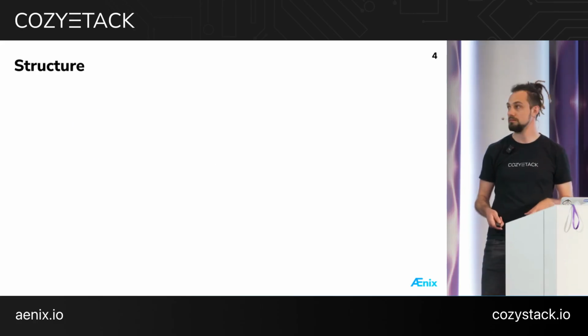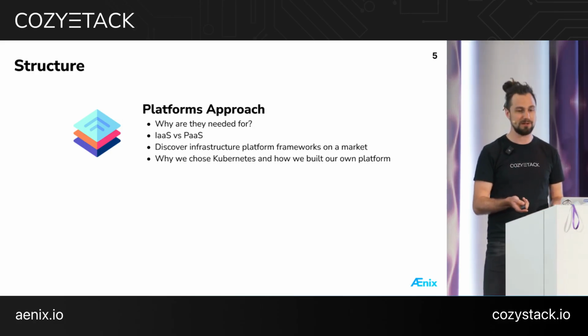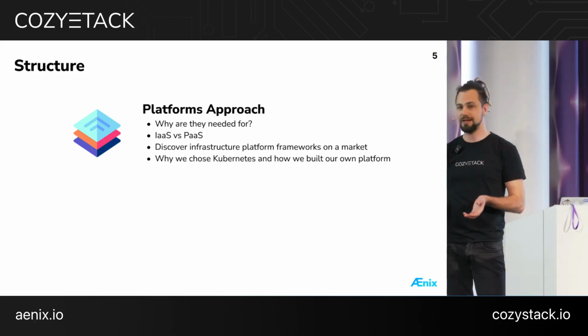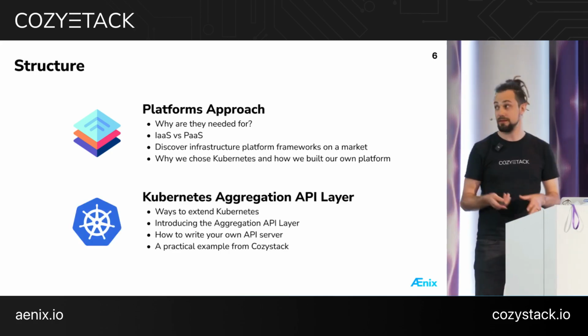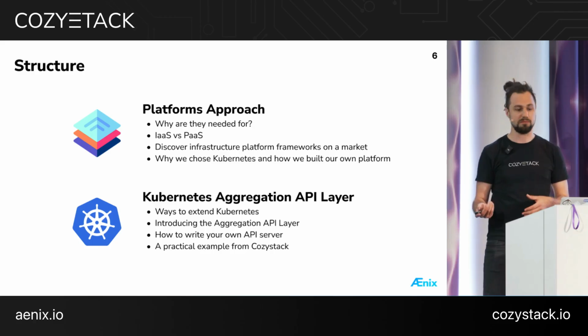Today I'm going to tell you about two things. The first is a platform approach. Why is it needed? How does it work and how can you build your own platform, which solutions you can consider, and why we chose Kubernetes as the main solution for building our platform. And the second topic goes deeper into the Kubernetes Aggregation API Layer.